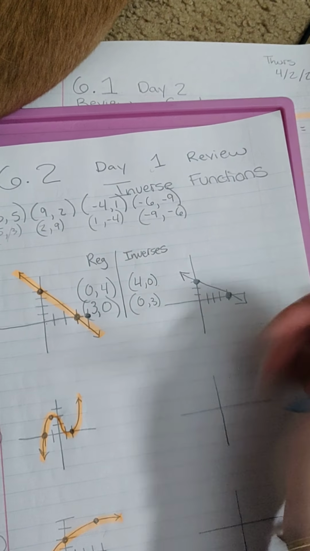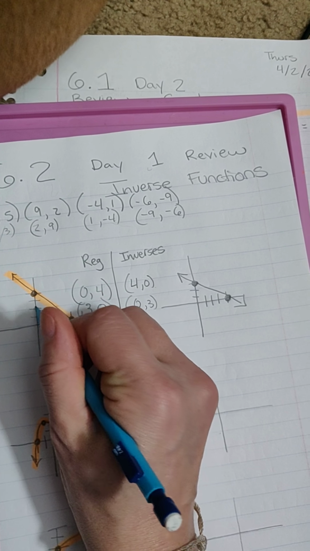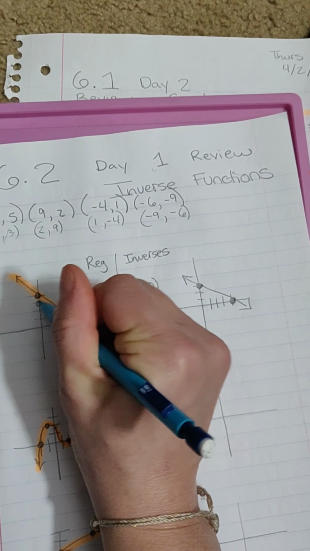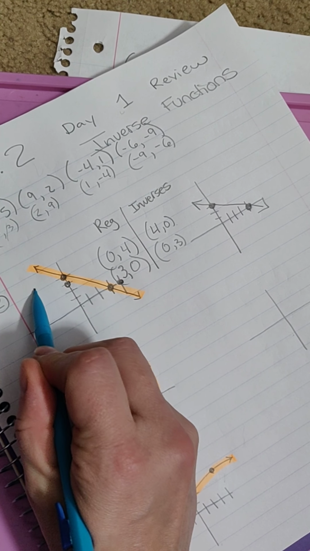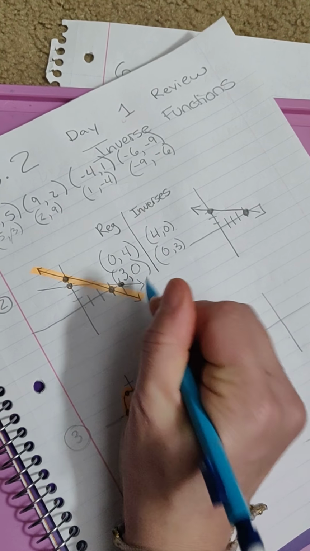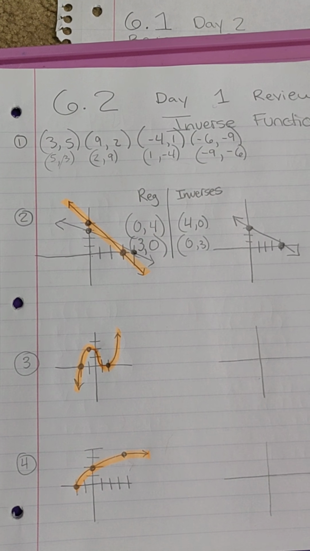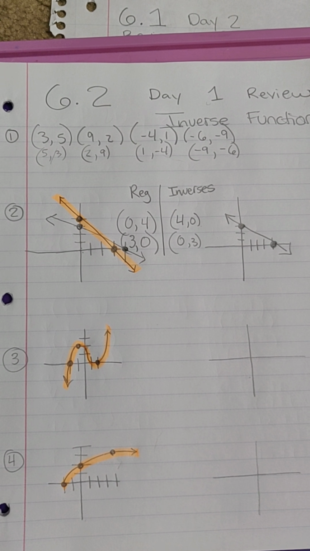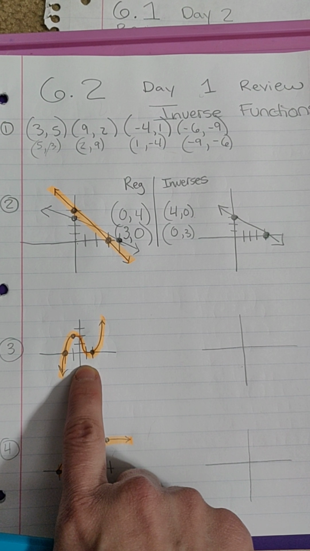So that's that point. And then I have 0, 3. So here's 0, up 1, 2, 3. I connect my dots, and there's my new line. Alright, hopefully that makes sense.